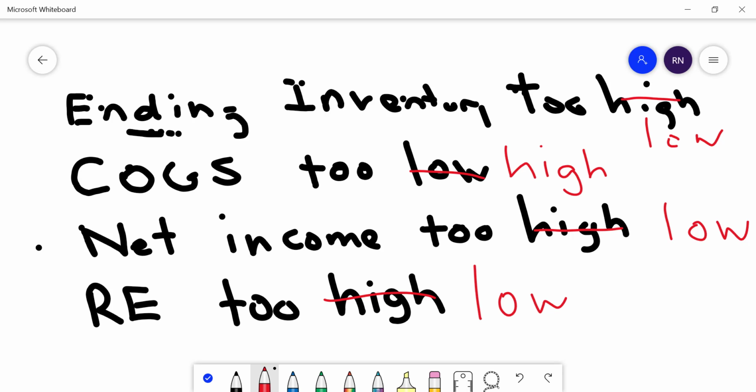The beginning inventory essentially works the opposite, and I'll go through that in class, but if my beginning inventory is too low, that means my cost of goods sold is going to be too low.